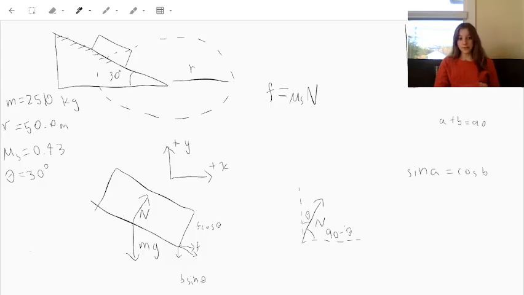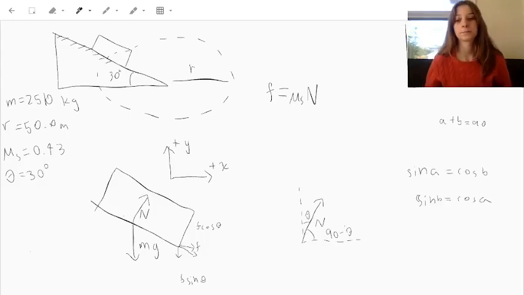It's going to be the same thing if we say sine B is equal to cosine A. This is because the adjacent of angle A is going to be the opposite of angle B. You can see that here. Let's take this triangle. This side here is going to be the opposite for this angle, but for this angle here, it's going to be the adjacent side.